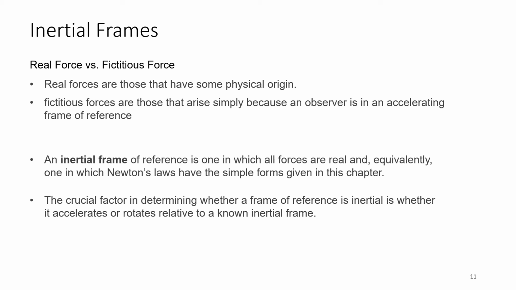Ordinarily, one must perform precise experiments to observe fictitious forces and the slight departures from Newton's laws due to Earth's rotation. However, on the large scale, such as for the rotation of weather systems and ocean currents, these effects can be easily observed.